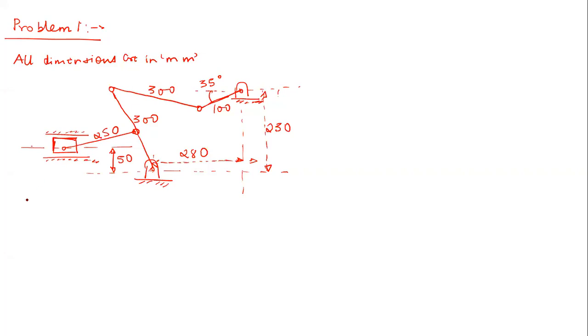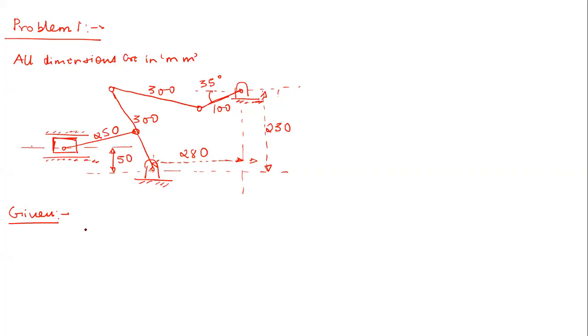Now, let us discuss what is given to us and what we have to find out. First of all, the lengths of all the links in the mechanism are provided to us.